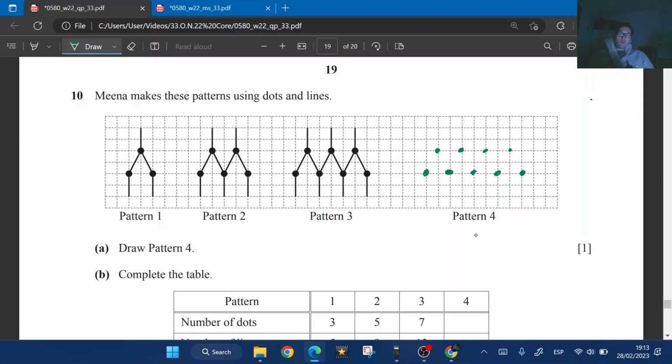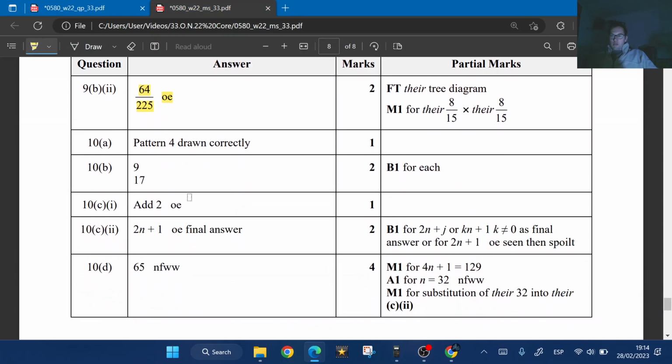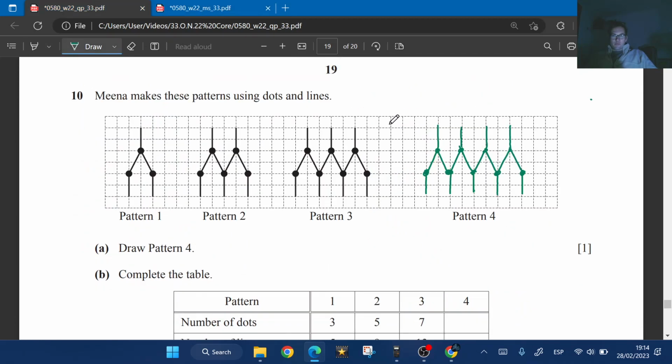I recommend using a ruler so it looks neat. Bit ugly, but it's there. Not very helpful in the mark scheme.